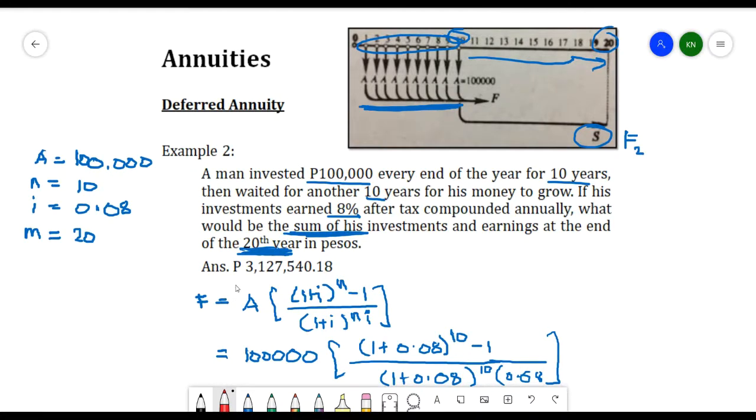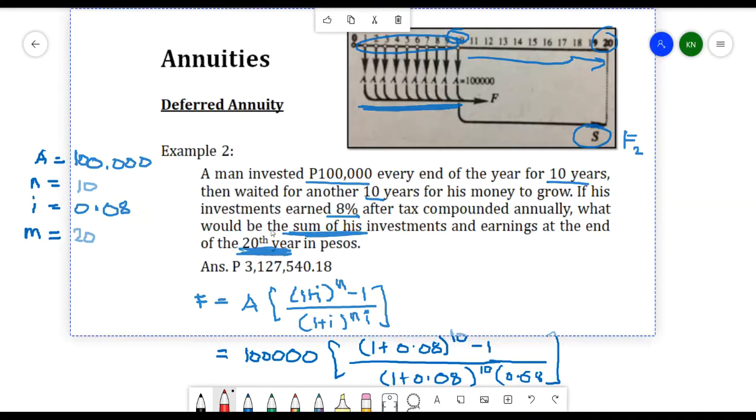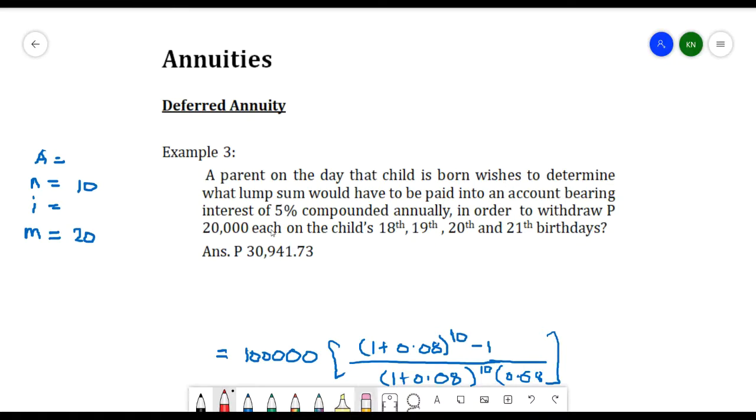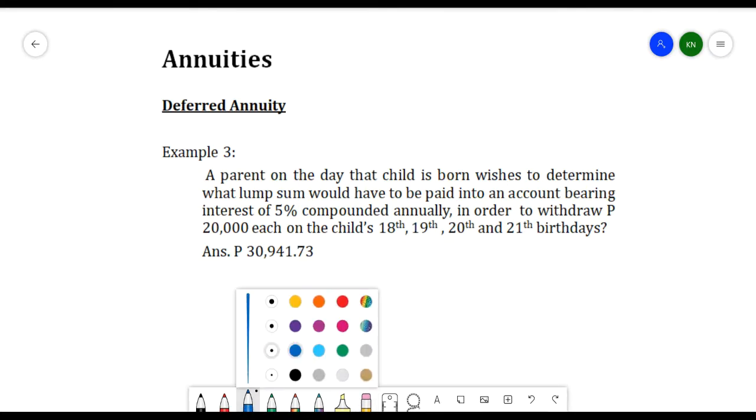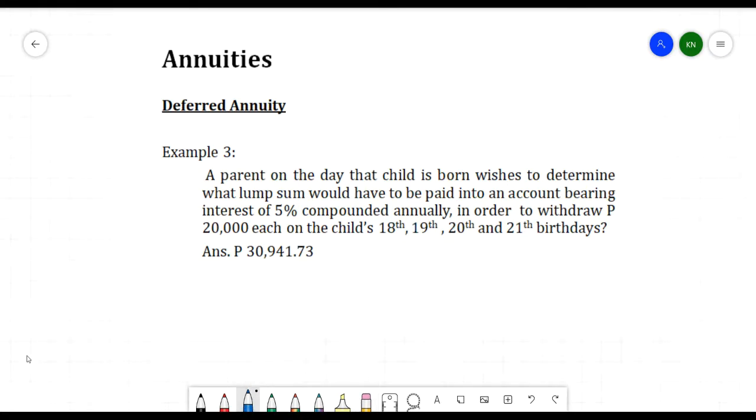Next example, we have a parent on the day that child is born who wishes to determine what lump sum would have to be paid into an account bearing interest of 5% compounded annually in order to withdraw 20,000 pesos each on the child's 18th, 19th, 20th, and 21st birthday.